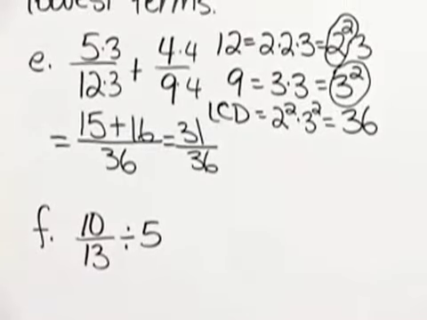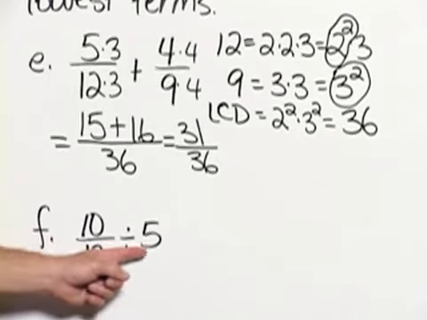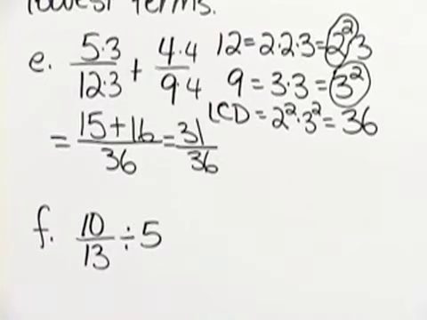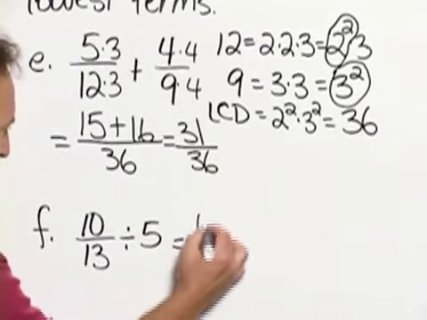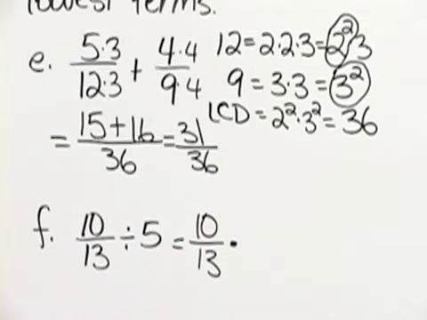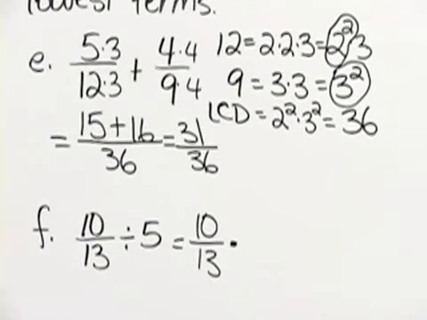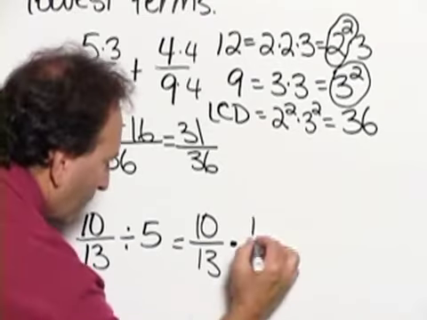Now let's take a look at part F. 10/13 divided by 5. Now when we're dividing fractions, we rewrite it as a multiplication problem, and we take the reciprocal of the divisor. The divisor is the whole number 5. The reciprocal of 5 is 1/5.